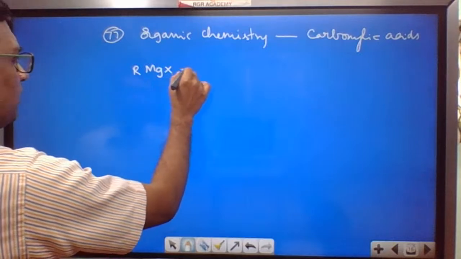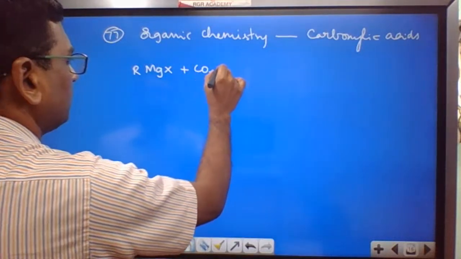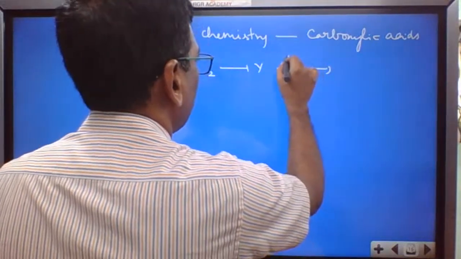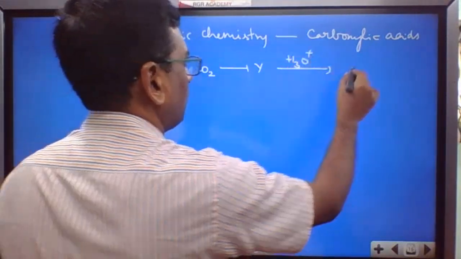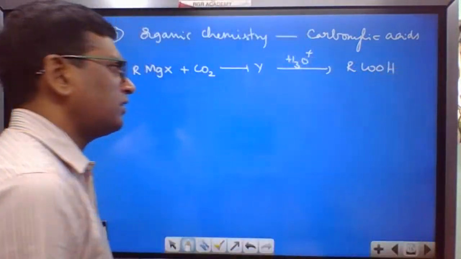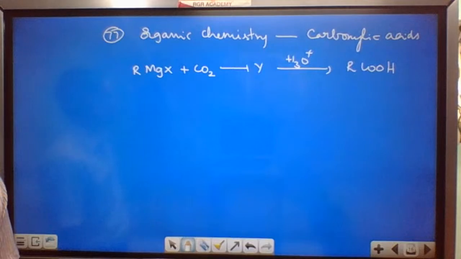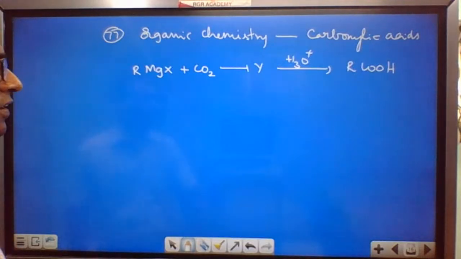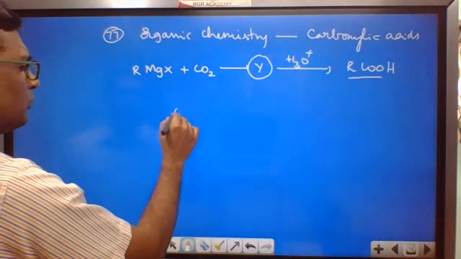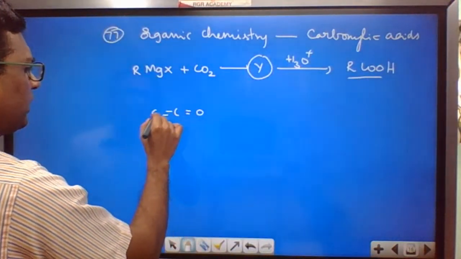RMgX they gave plus CO2 gives rise to Y. Y on hydrolysis they gave RCOOH. No doubt, Grignard reagents when treated with carbon dioxide followed by hydrolysis will get carboxylic acids. Then he is asking what is Y. You see that carbon dioxide can be written like this.